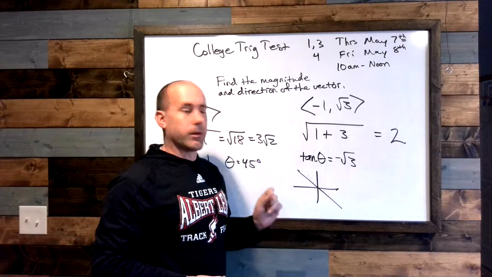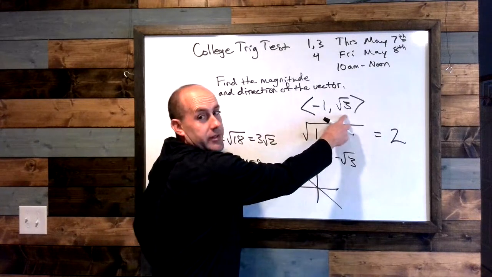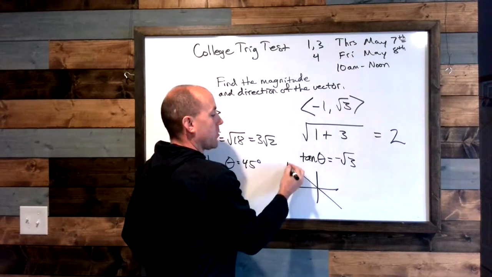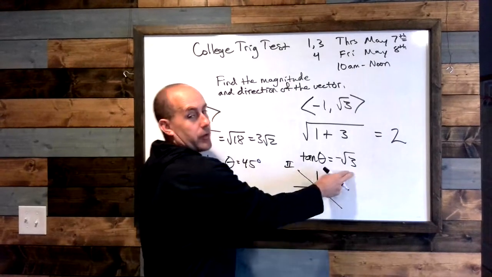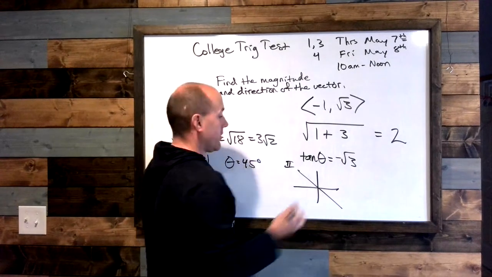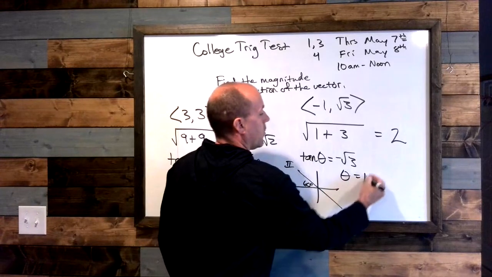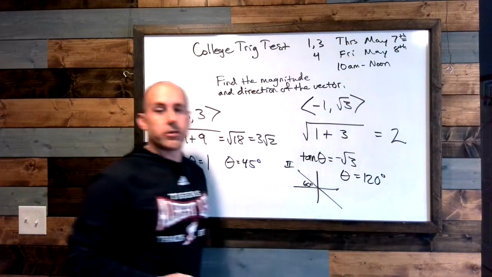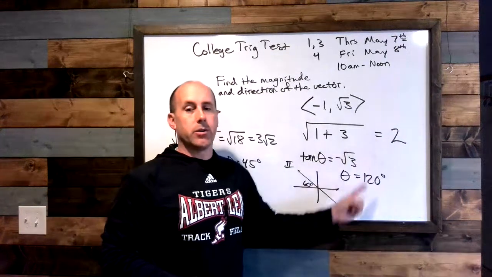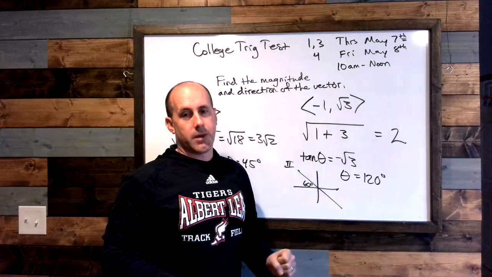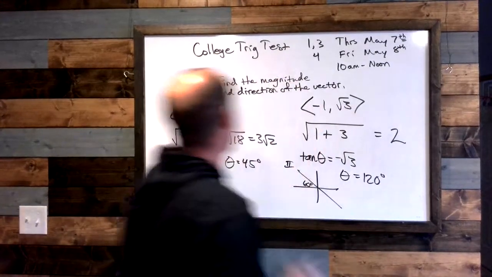If you were to plot this, you would be in the second quadrant. If you inverse tangent of the root of 3 on your calculator, you get 60 degrees. So that forms a 120 degree angle. So magnitude, angle. Okay. We'll try 2 more of those.